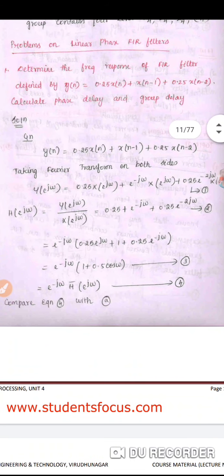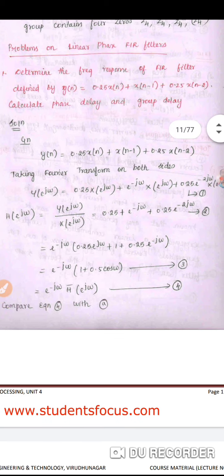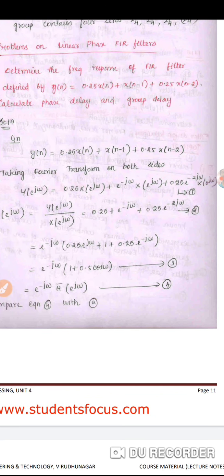If you solve for the frequency response H of e power j omega, that is equal to Y of e power j omega by X of e power j omega, which is 0.25 plus e power minus j omega plus 0.25 e power minus 2j omega. Taking e power minus j omega as common, you get e power minus j omega times 0.25 e power j omega plus 1 plus 0.25 e power minus j omega.